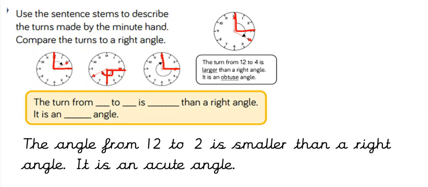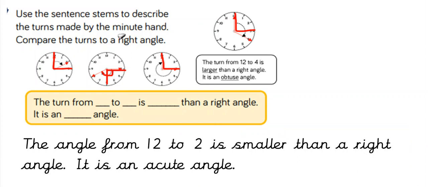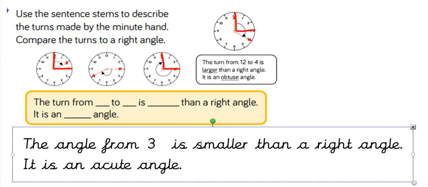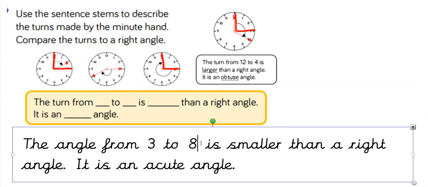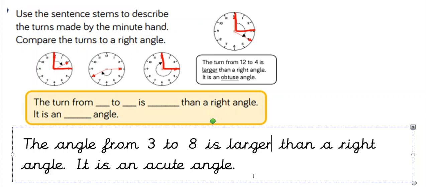So if we have a look then, the angle from 3 to 8, this time it's larger than a right angle, isn't it? It's larger than a right angle. So therefore that means it is an obtuse angle.